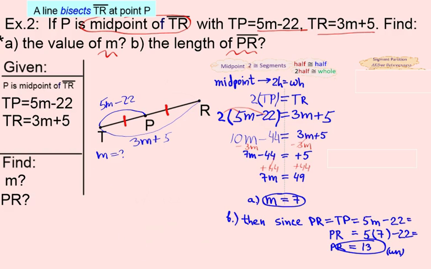Some line cuts through segment TR at point P, breaking it into two equal parts. That's what we call bisection, and that would be the subject of our next video.